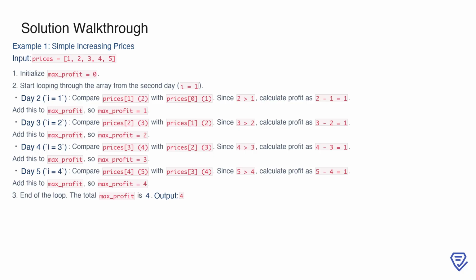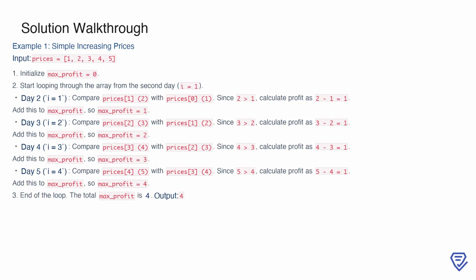On day 3, prices[2] is 3 and prices[1] is 2. Again, 3 is greater than 2, so we calculate the profit as 3 - 2 equals 1 and add it to max_profit, resulting in max_profit equals 2. On day 4, prices[3] is 4 and prices[2] is 3.